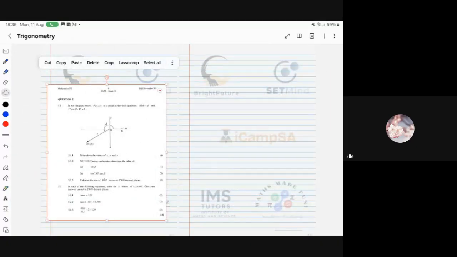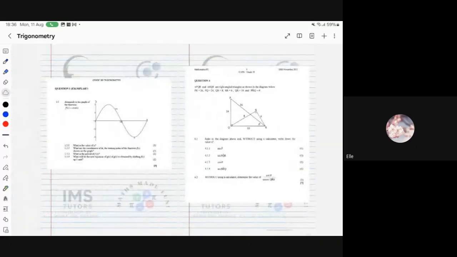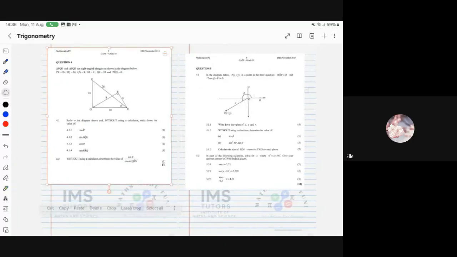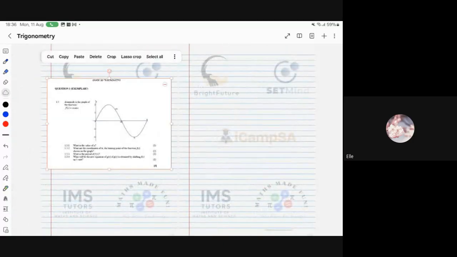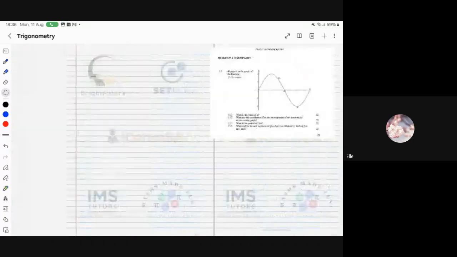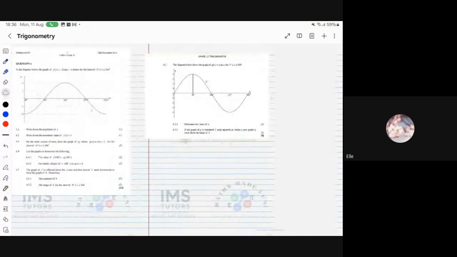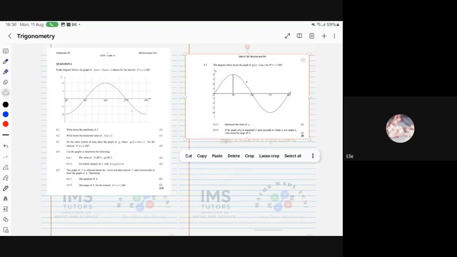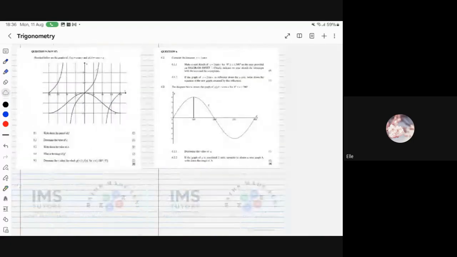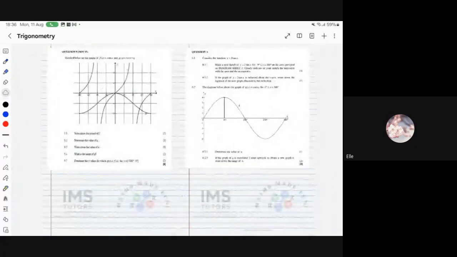So basically, it's going to be a revision for all of that, from the basic trigonometric ratios, using trigonometric ratios to solve equations. And then later on we'll start by revising by doing examples for each of these.